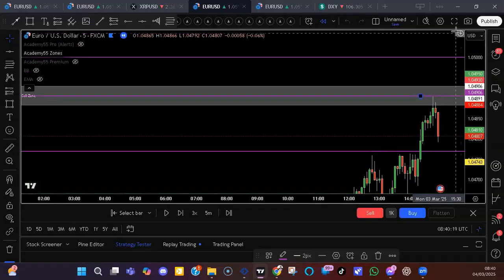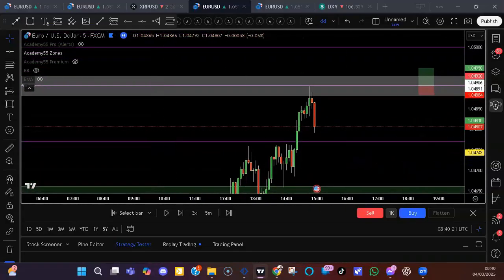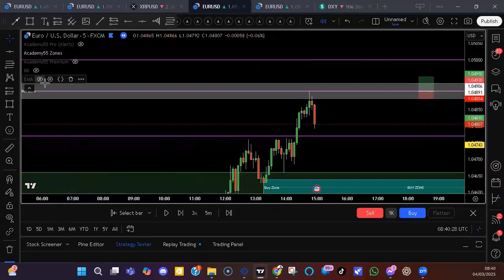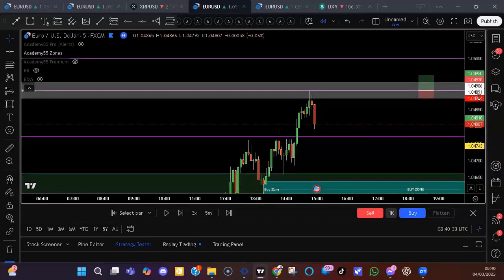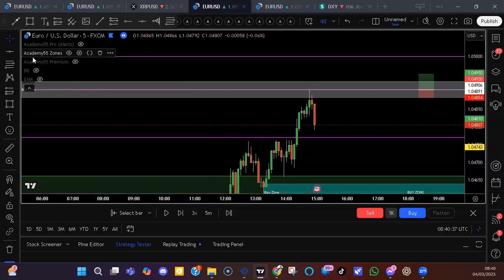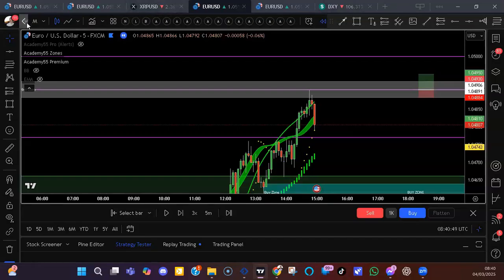Right, we've been in a sell zone. Sell zone there at 2:45. So we know to look for sells. So let's put the indicators back on. Go down to the 1 minute time frame.